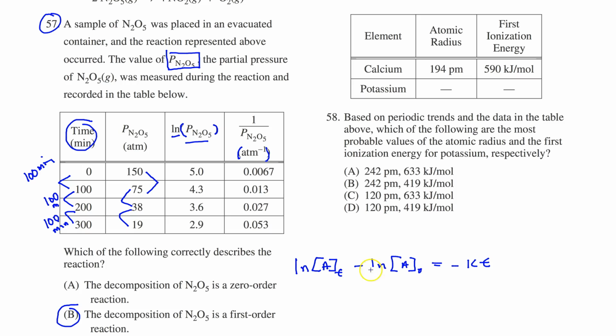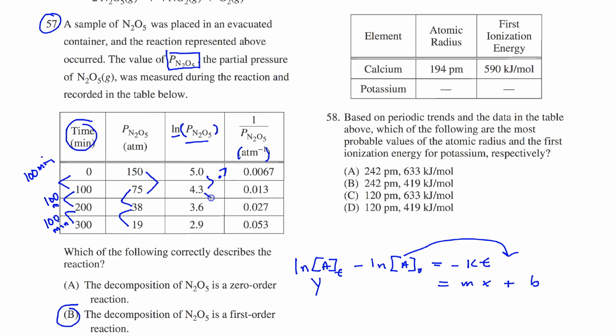Okay, and of course you can put this positive over here as your y-intercept, and you got y equals mx plus that positive value, which is b. And if it's a straight line, then these values should be very similar. 5.0 minus 4.3 is what? 0.7.